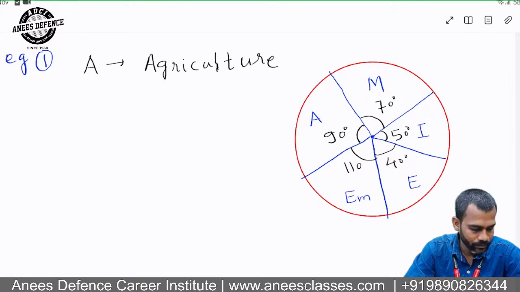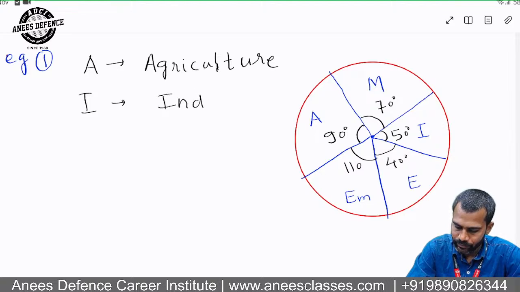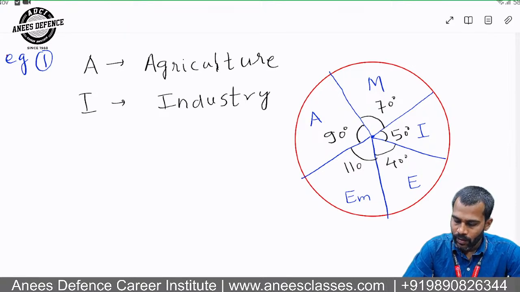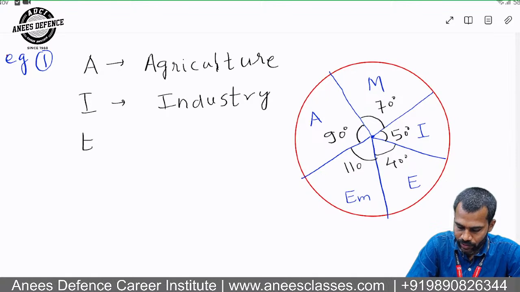A for agriculture. I for industry. Please draw the diagram. And then we have E for education.